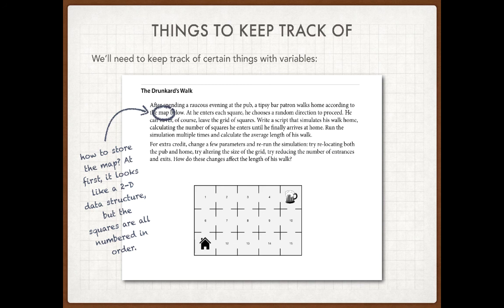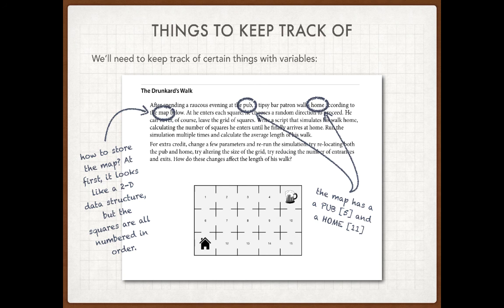And so square number 7 is identified only as square 7, not that it is in row 2, column 2. So that gives me a little bit of a hint that even though this looks like a two-dimensional structure, I probably can store it in Python as a one-dimensional data structure.